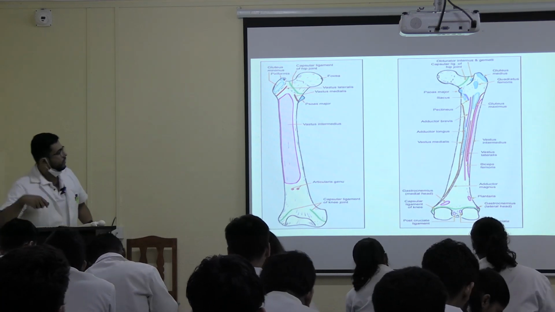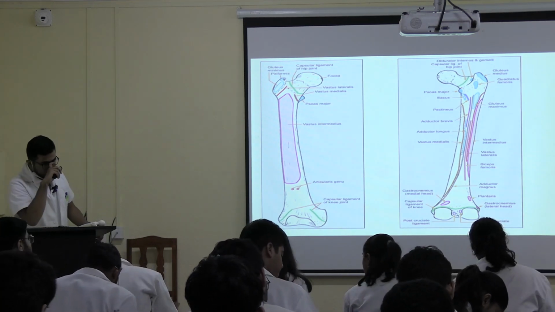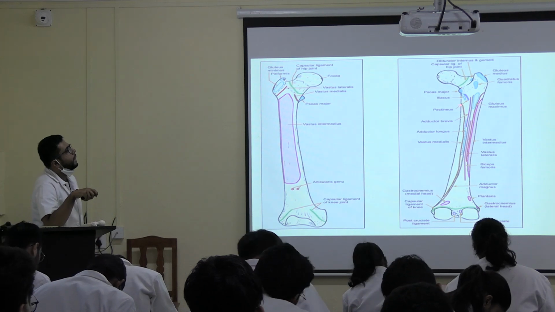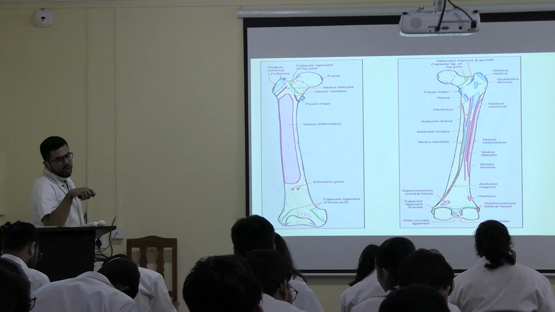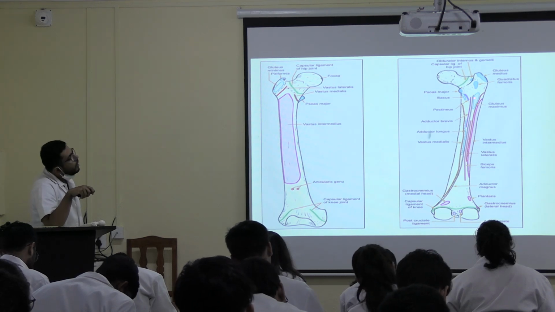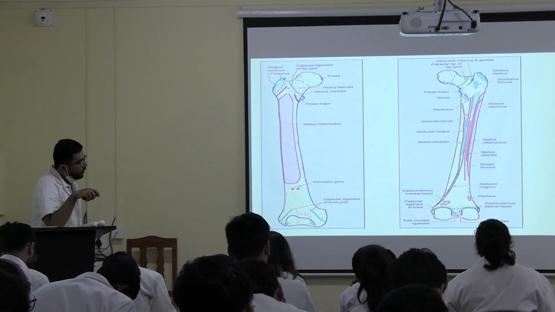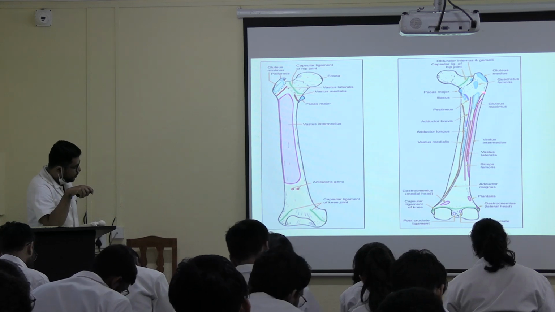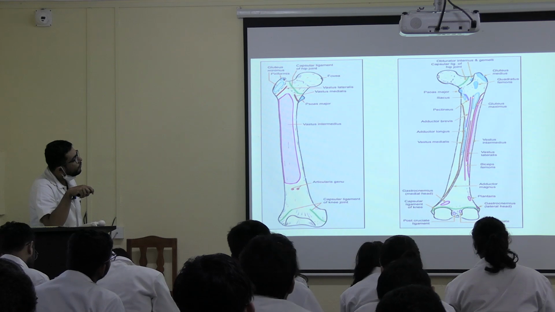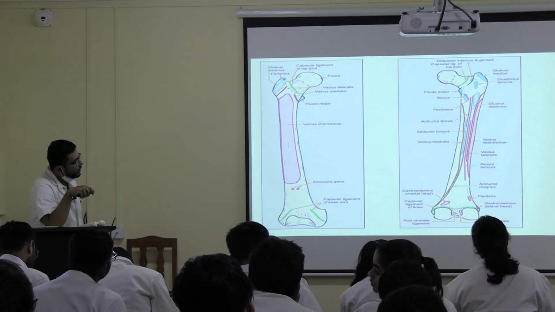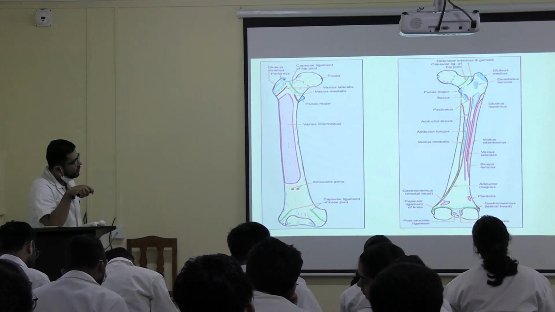Write down: adductor brevis is attached on the posterior aspect of the shaft between two muscles. You need to mention the two muscles: pectineus and adductor magnus. This is the adductor magnus.